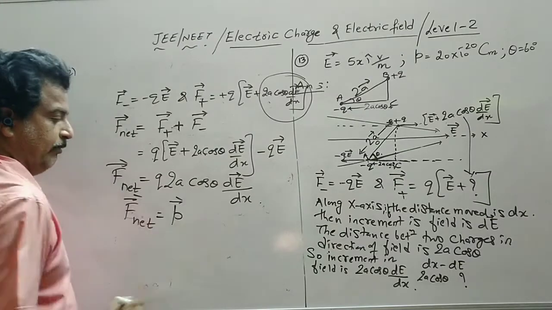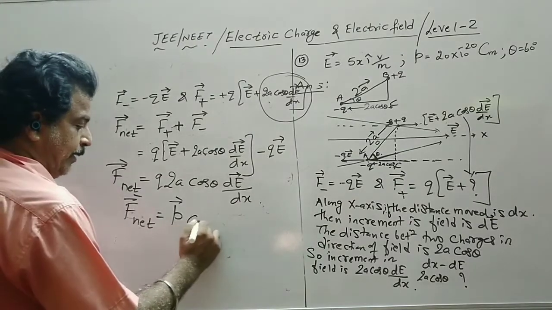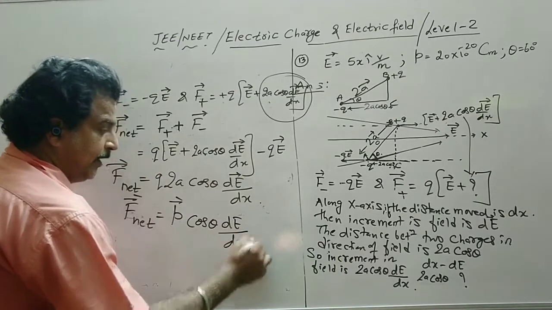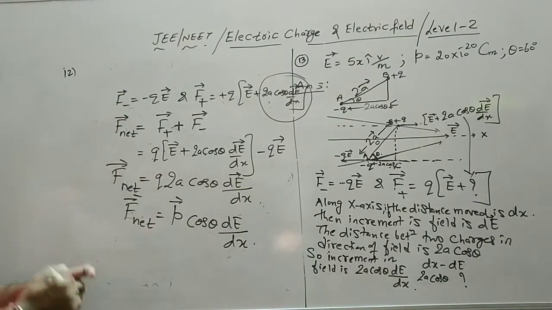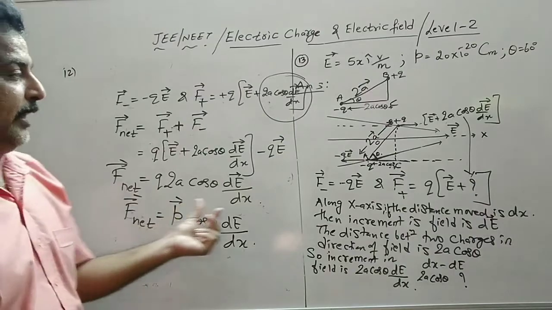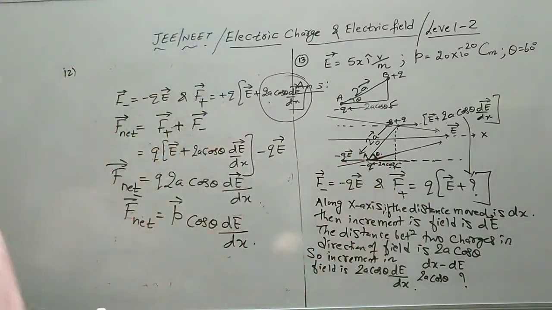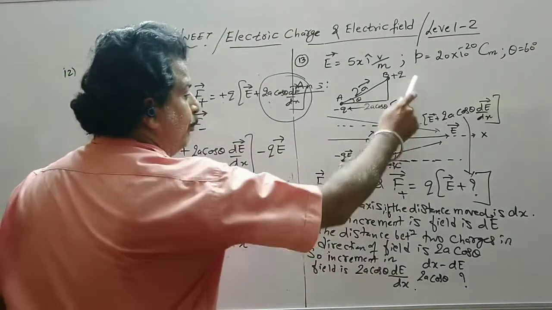So this becomes in vector form P cap cos theta dE by dx. This P vector will be from the negative charge to the positive charge.